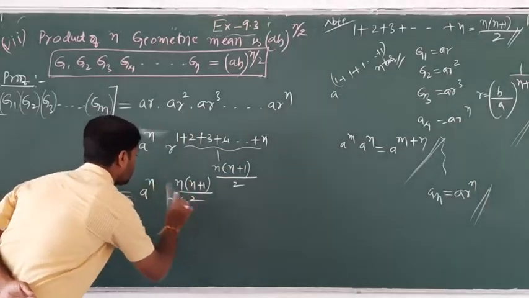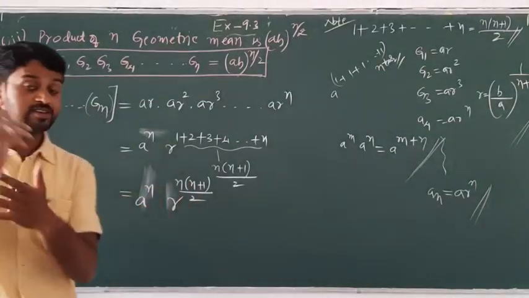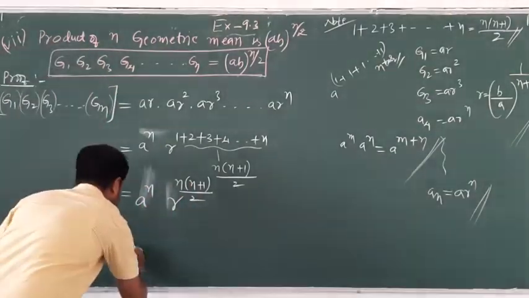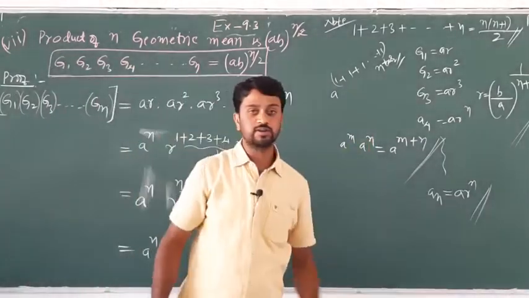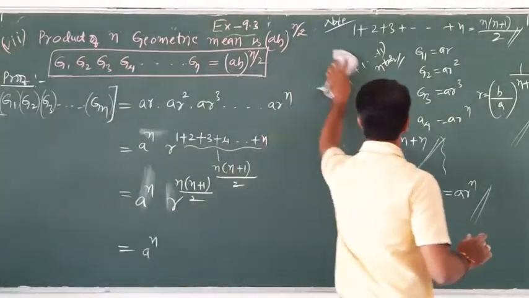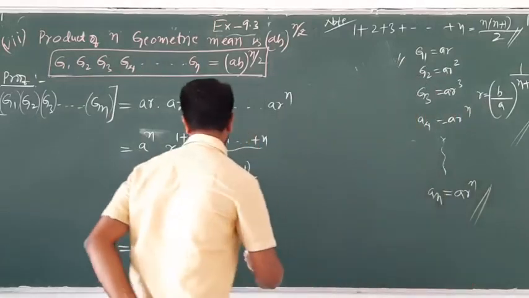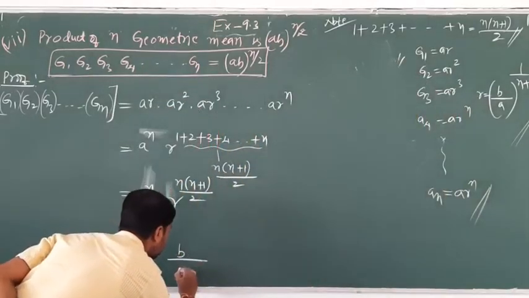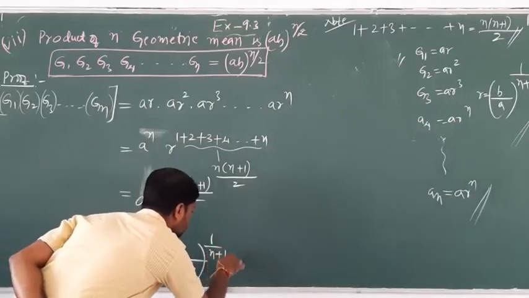Here A power of n, where R is equal to what? Tell me. Yes, R is equal to (B by A) whole power of 1 by n plus 1. How do you know that? Where R is equal to (B by A) whole power of 1 divided by n plus 1.